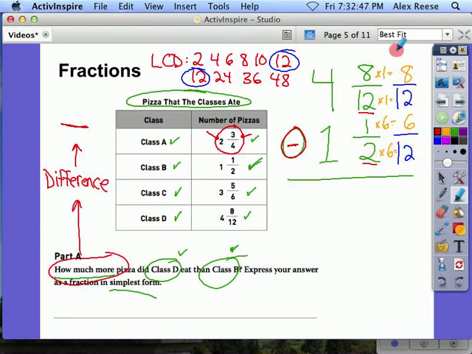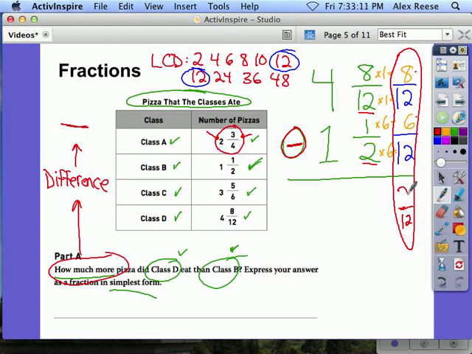Just as we did in class, I remember to stretch my circle. I remember that I'm subtracting, so I do denominator 12, because the dumb denominator stays the same, and 8 minus 6 is 2.